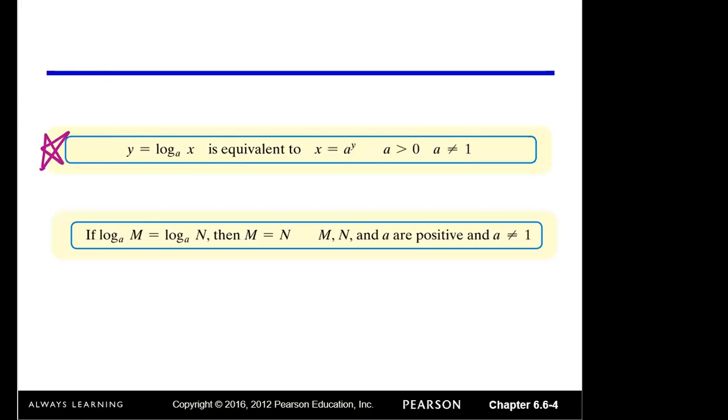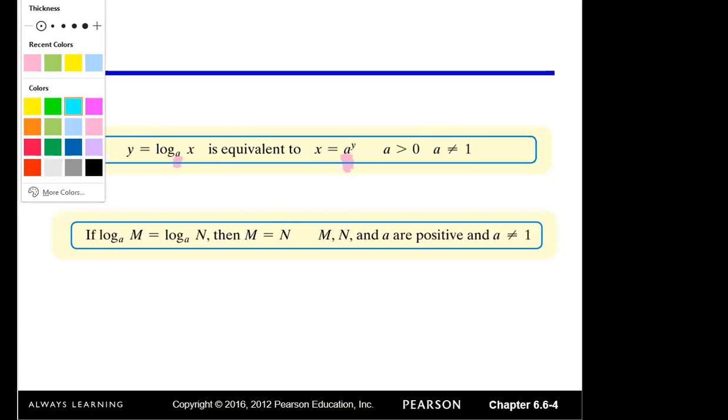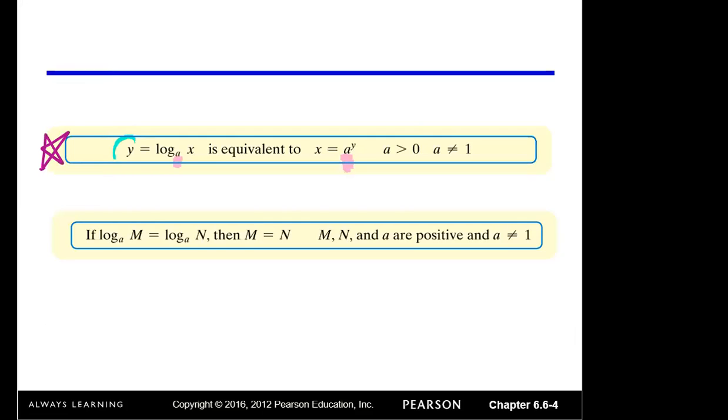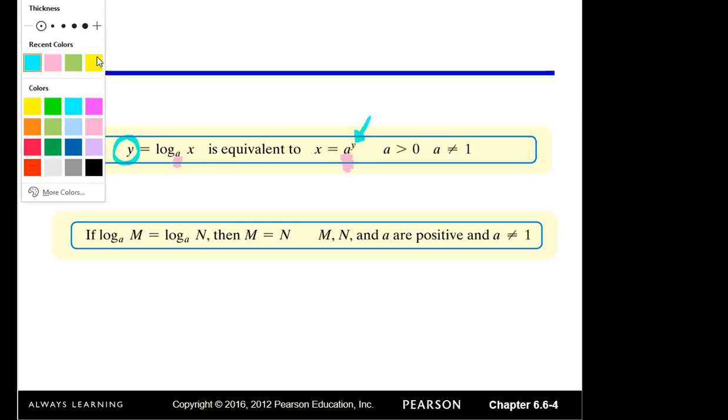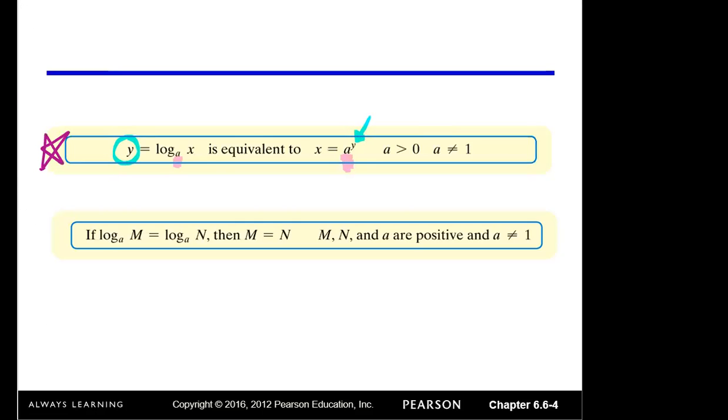Remember that your base right here is the same base in exponent land. And whatever your logarithm is equal to, that is your exponent in exponent land. And then whatever it is you were taking the log of, that is what your exponential thing is set equal to.